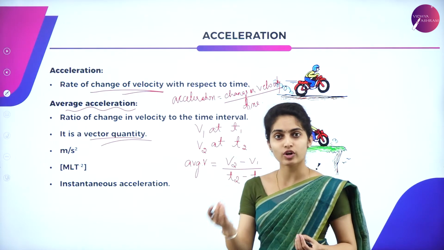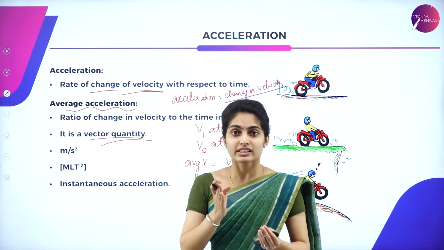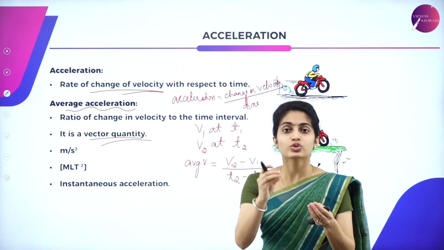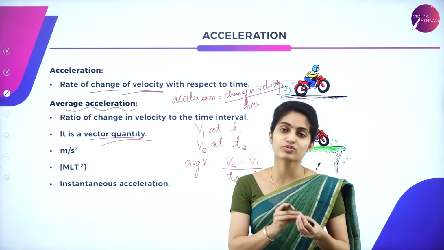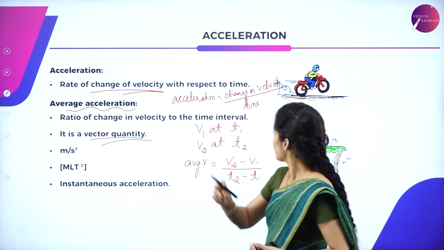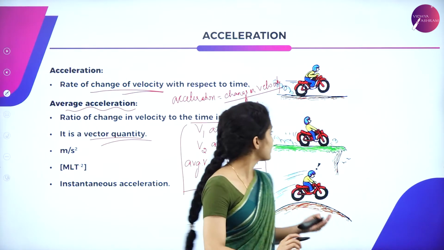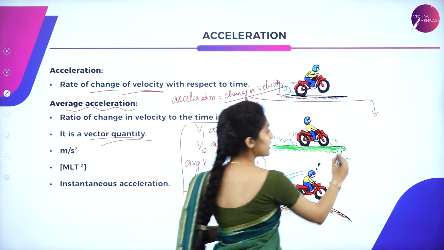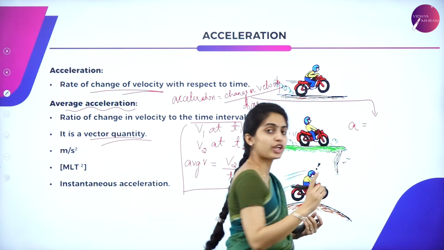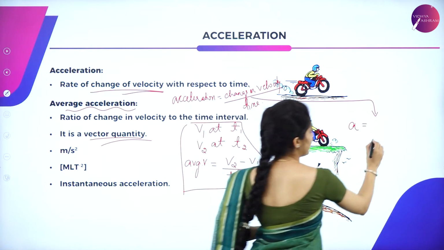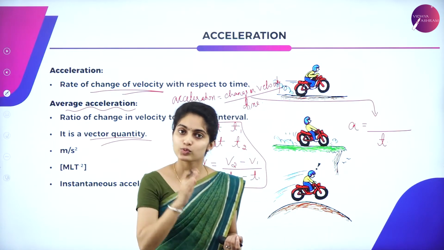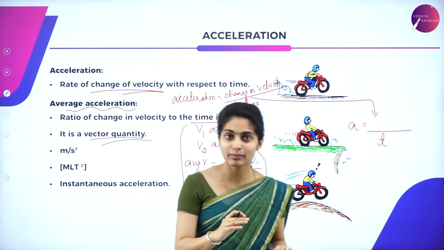There is a distance which is covered, the position changes, right? So there is change in position of the body with respect to time. Let me write it down here. Acceleration is equal to change in velocity divided by time taken, right? So what is that velocity? It is the displacement by time taken.